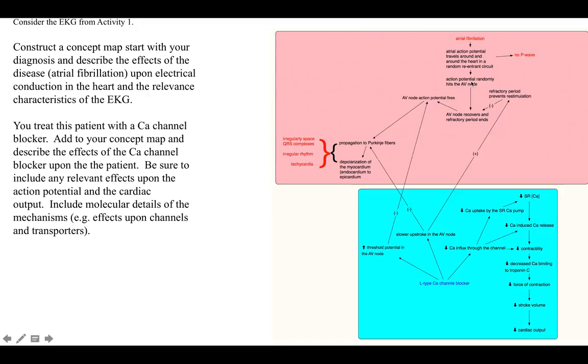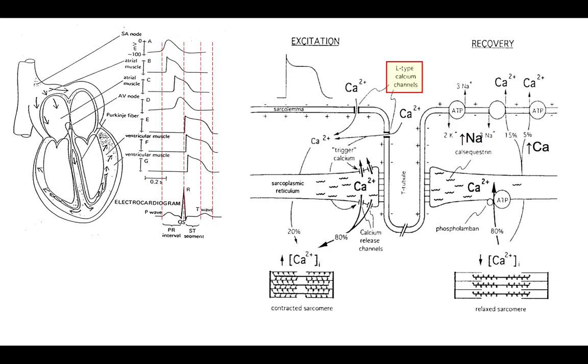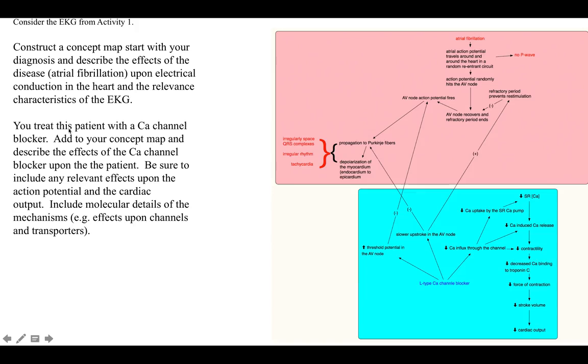The action potential randomly hits the AV node, and that causes your AV nodal action potential to fire randomly. So you have a wave of depolarization, and you're hitting randomly, wham, and then maybe waves will go around and around, and then wham, you'll hit it again, and then wham, wham, you'll hit it 2 times really quickly. So you get this really irregular rhythm because your wave is going around and around, and it's hitting this AV node almost at random.